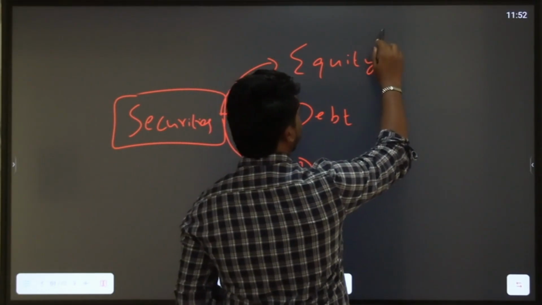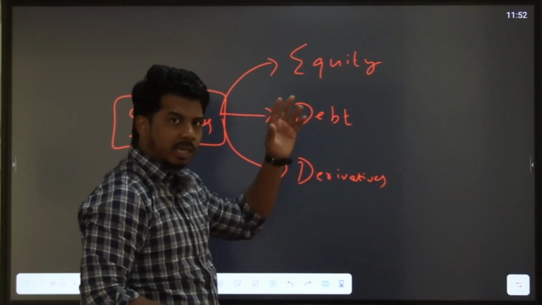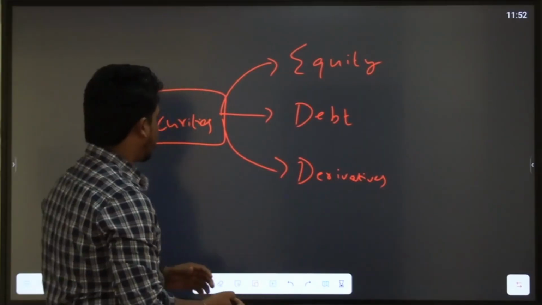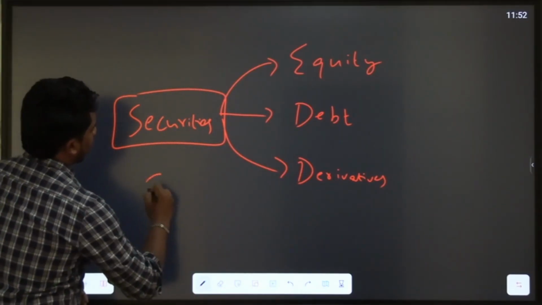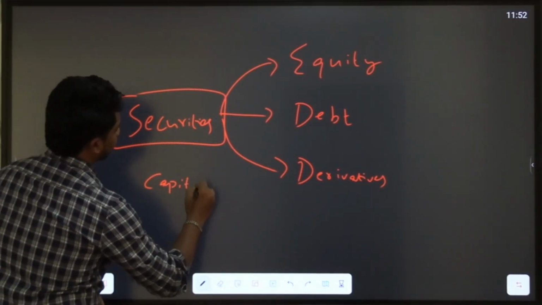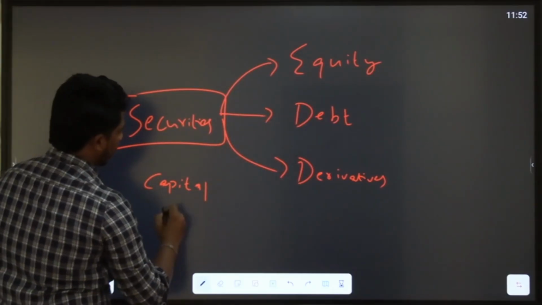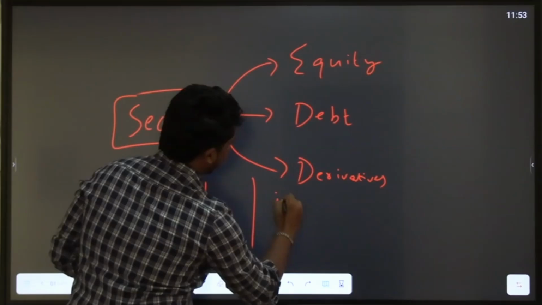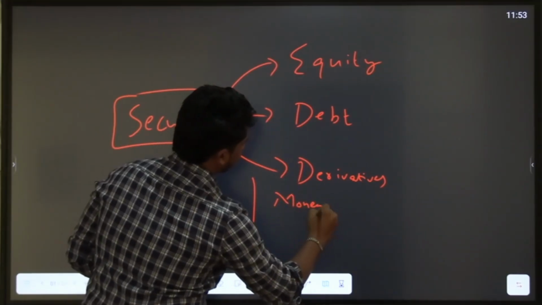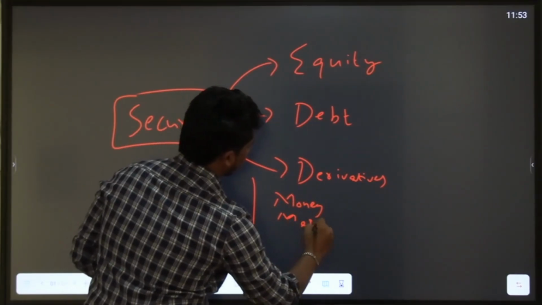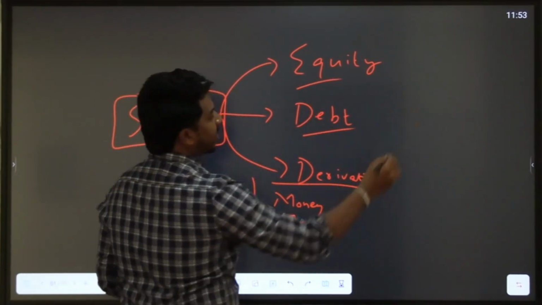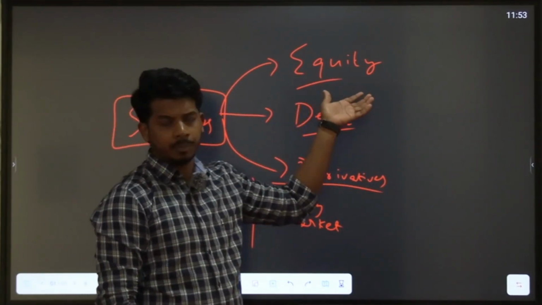Now this market is further divided into two. All of the securities you can divide into two markets. One is the capital market. Another one is the money market. Basically all of these are agreements. I will have ownership, for how long?